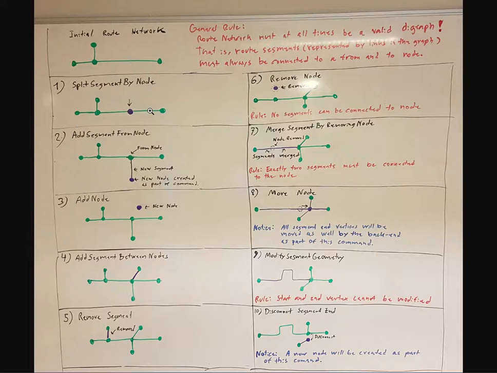You also specify that with an ID. The system then will check that the position of this node you specified is near the segment. There's a tolerance of around 10 centimeters. If you are further away than that, it will come with an error.